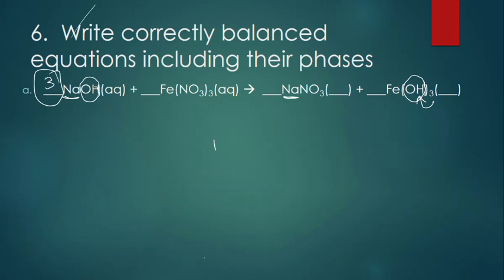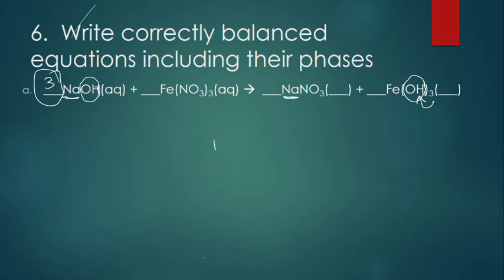All right, now here's the deal about these things. Yes, we just fixed hydroxide because 3 times 1 is 3. But you can't just say the 3 is just there for hydroxide. No, no, no. By putting a 3 there, you're saying you have 3 NAs and 3 OHs.